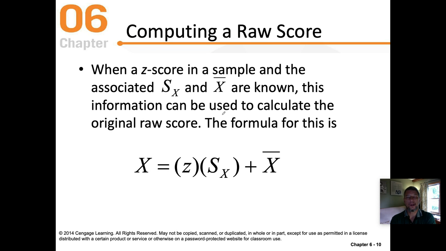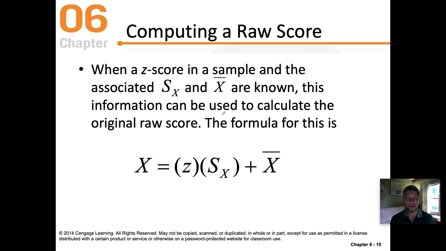Now, if you want to work your way backwards, in other words, if you're given a z-score and you want to compute the raw score from it, you would use the formula that's shown now. This is really just an algebraic rearrangement of the formula that you saw 2 slides ago. When a z-score in a sample and the associated standard deviation and mean are known, this information can be used to calculate the original raw score.